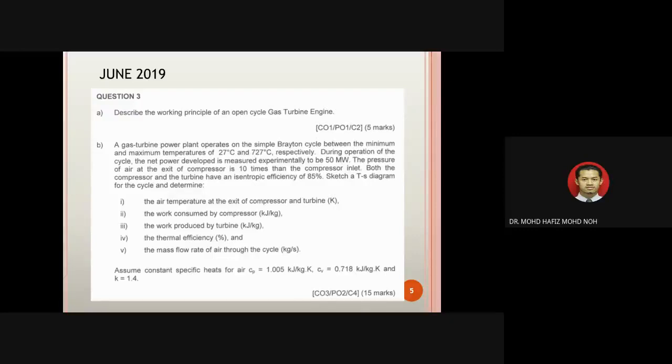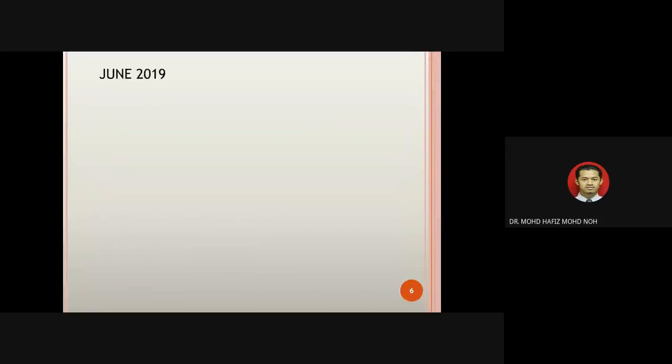Okay, right. So you can start answering the question. Draw the TS diagram first.